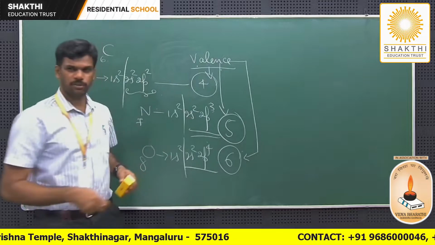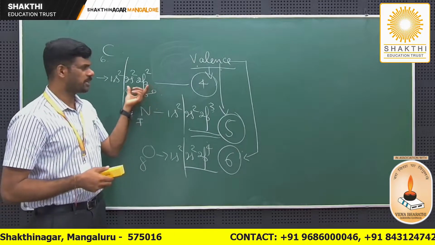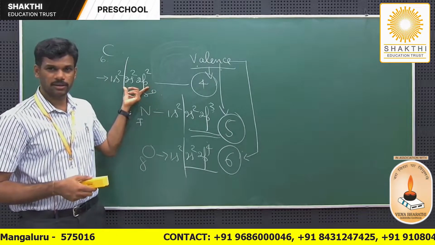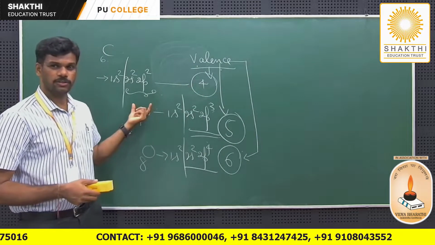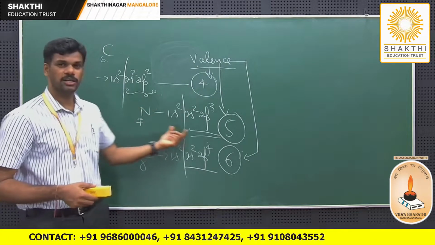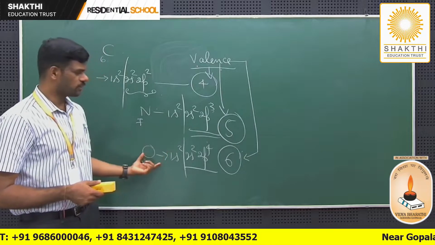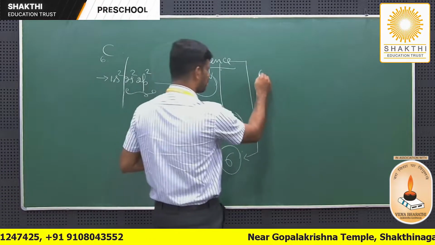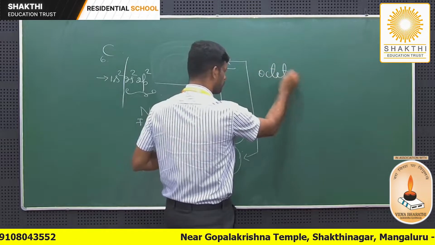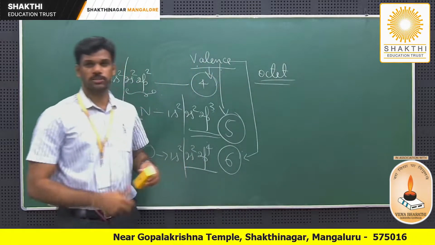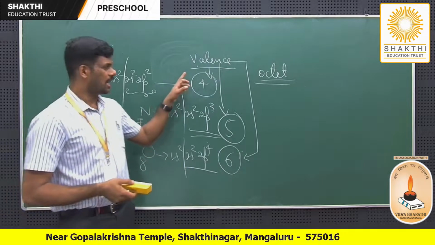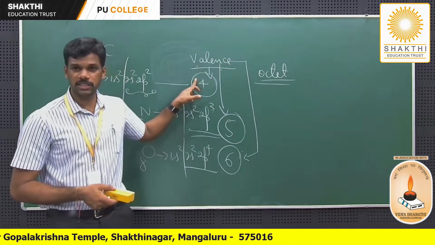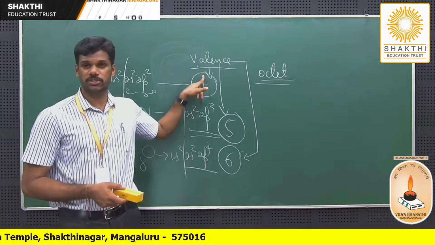What do we understand from this? Valence electrons present in carbon is 4. Valence electrons present in nitrogen is 5. Valence electrons present in oxygen is 6. You all have studied in the lower classes what the octet rule is. The octet rule says any atom which possesses 8 electrons is said to be stable.